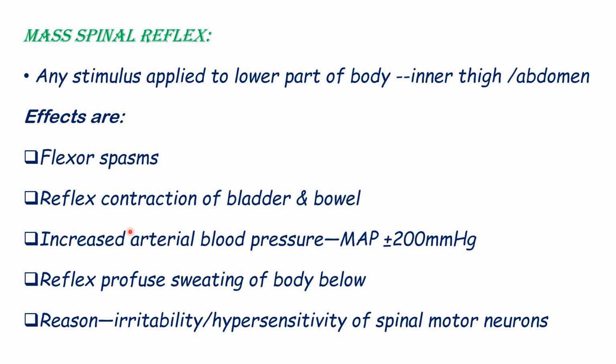Why do we encounter this mass spinal reflex? The reason is the irritability or hypersensitivity of the spinal motor neurons. Initially I said that the resting membrane potential of the spinal motor neurons becomes about 2 to 6 millivolts higher than normal in the case of spinal shock.